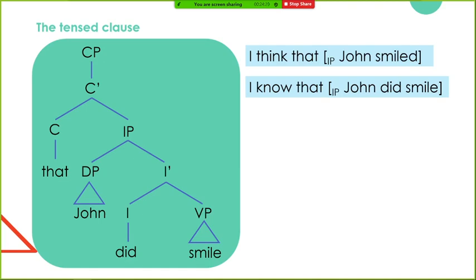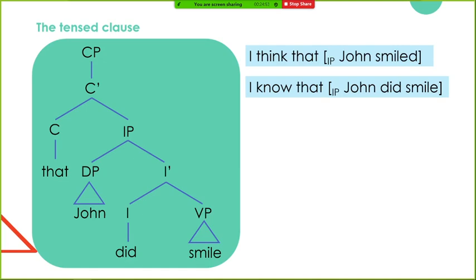So, for example, I know that John did smile, stressing the tense there. The tense is now expressed as a word all by itself, separate from the verb to smile. We get what is called a dummy auxiliary do inserted, and the only thing it expresses is the tense. So that's like pronouncing the tense in that position. Okay, and as we can see, the position it is in is exactly the position we predict for it.